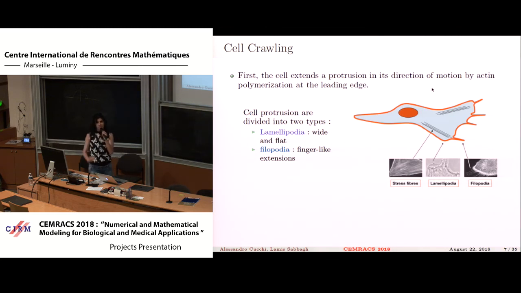At first, the cell extends a protrusion in its direction of motion by actin polymerization. Cell protrusions are divided into 2 types. The first one is the lamellipodia, which are wide and flat, and the second type is filopodia, which are finger-like extensions.